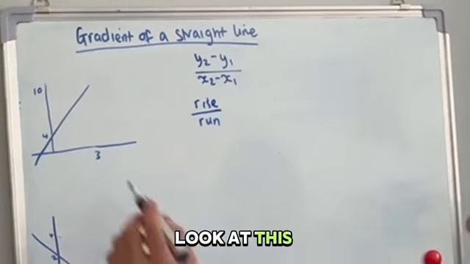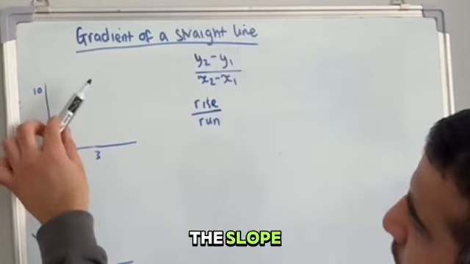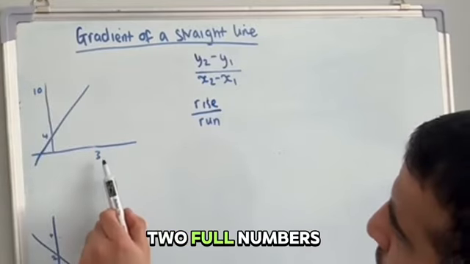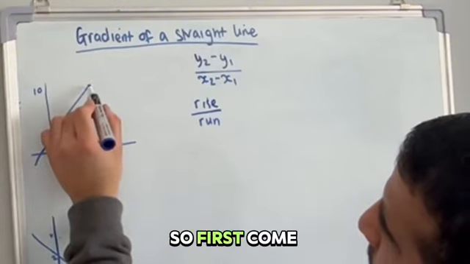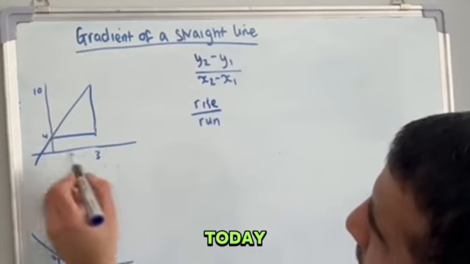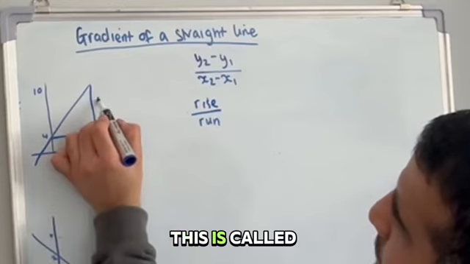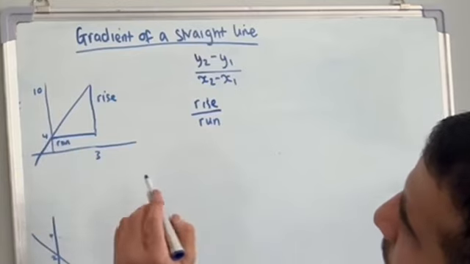So if we look at this question here, on this line the gradient is the slope, so we want two full numbers to match. So I've written 3 here and I've written 10 there. So if I was to come down from here to there, this is called my rise and this is called my run.